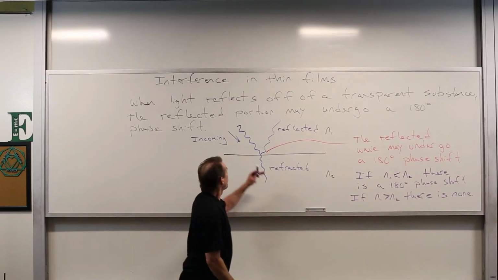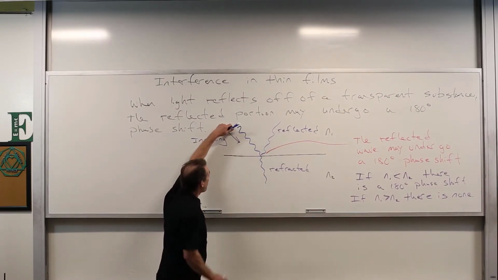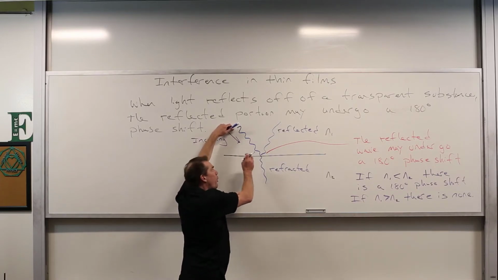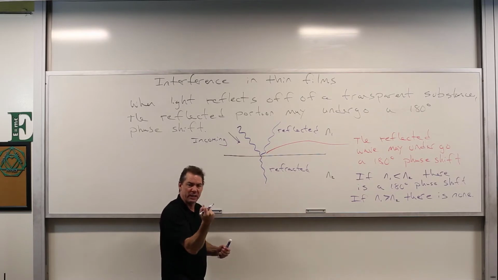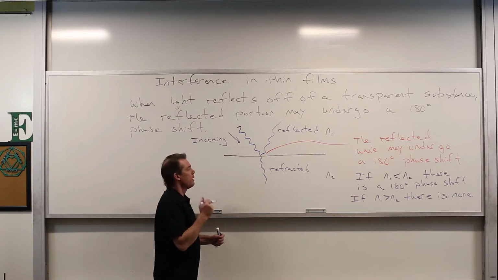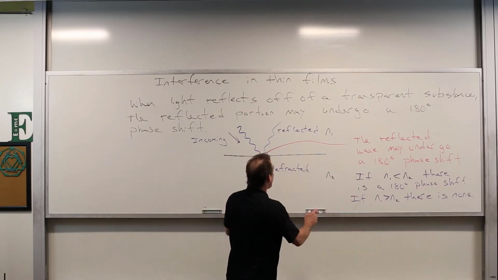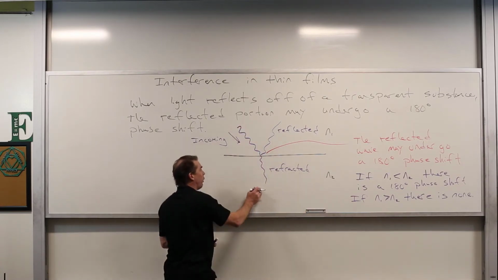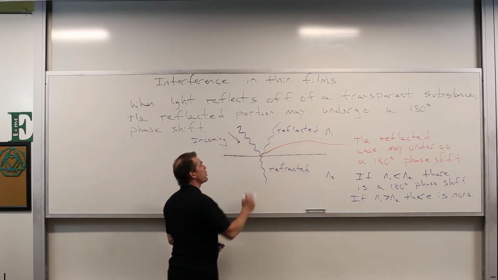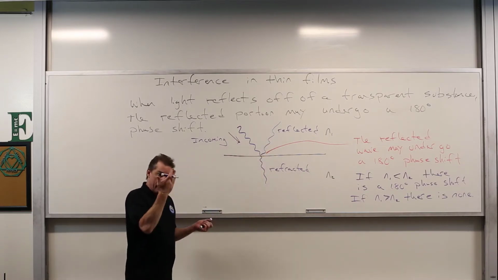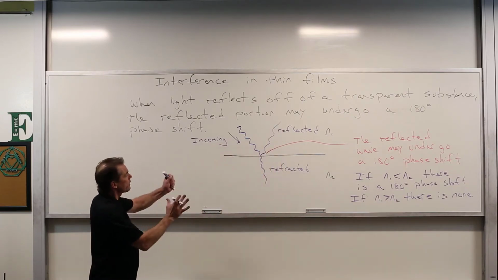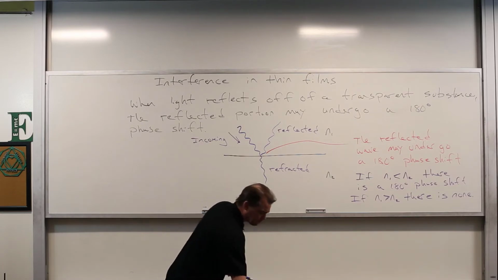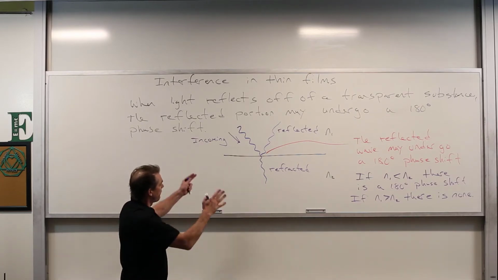So when we're going from a lower index of refraction into a higher index of refraction, the portion that's reflected off this boundary sees it like a fixed boundary, and it produces this 180-degree phase shift. But if N1 is greater than N2, going from a higher index of refraction to a lower index of refraction, the reflected portion sees it like a soft boundary, and ultimately doesn't undergo any phase shift at all. So that's one thing that we wanted to look at in terms of the reflected ray.